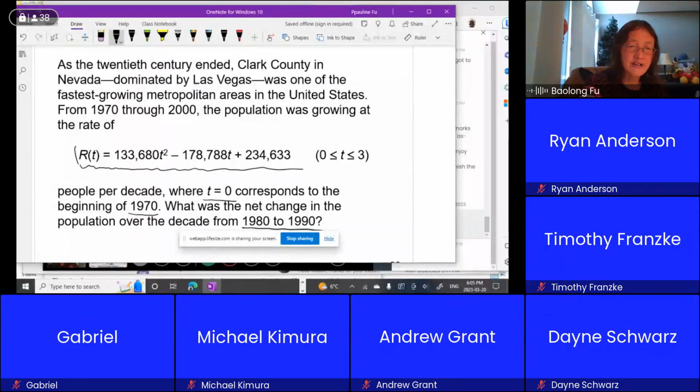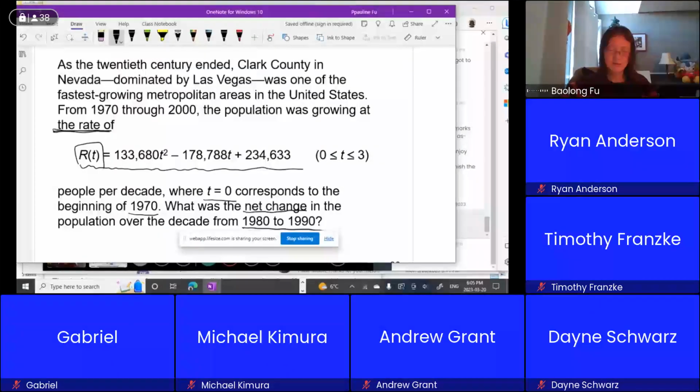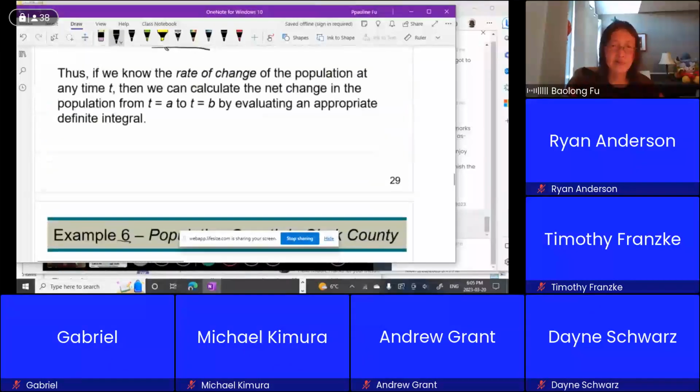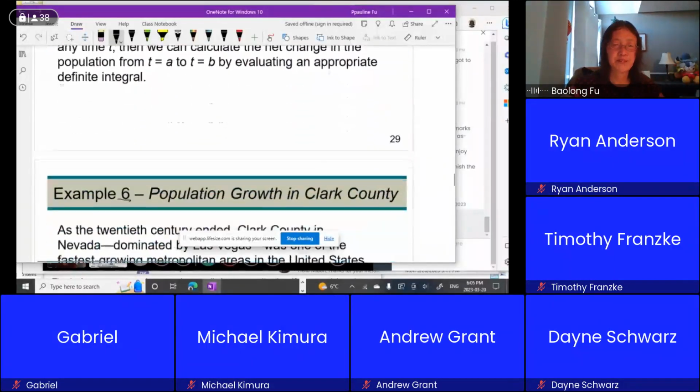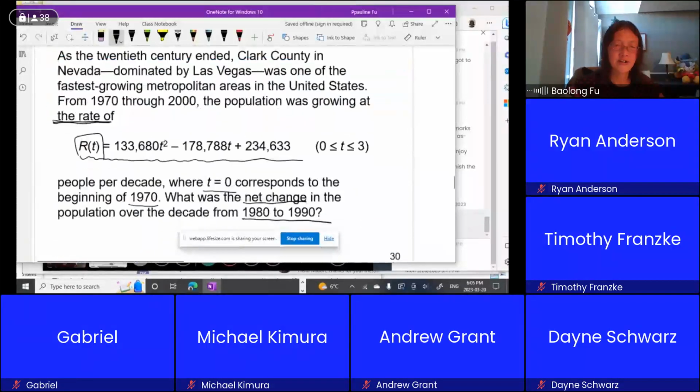Okay, remember this R(t) function is the rate, and we are asked for the net change of the population. So we can just use this formula here.